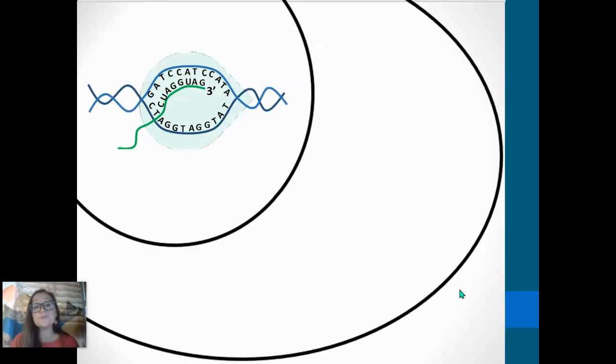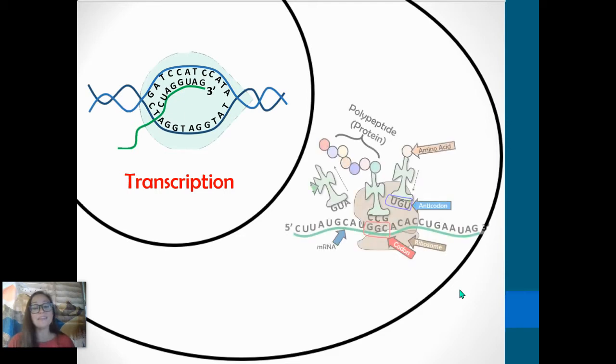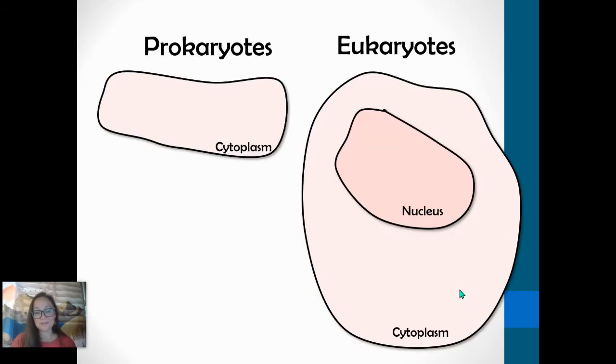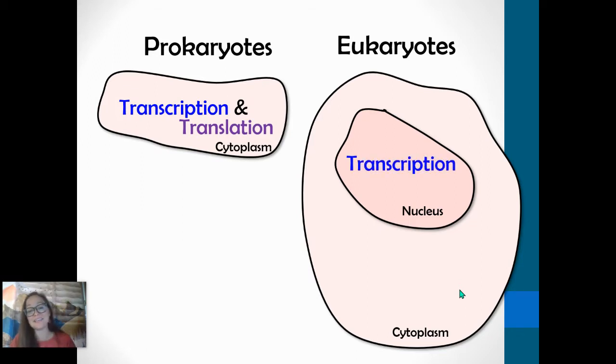So in eukaryotic cells, transcription happens in the nucleus where we find our DNA, and then translation, where the ribosome will actually read the RNA, will happen in the cytoplasm. So if we look at the two kinds of cells on Earth, we have prokaryotes and we have eukaryotes. And all cells on Earth do transcription and translation.